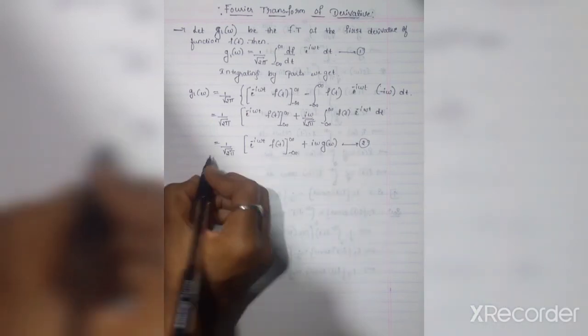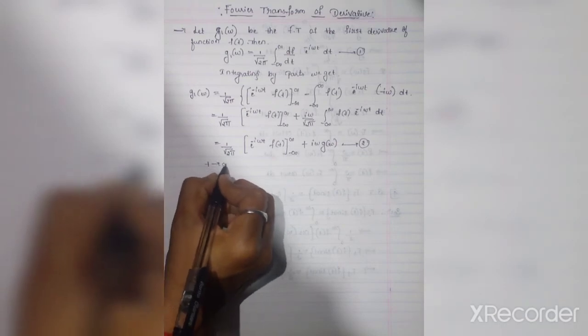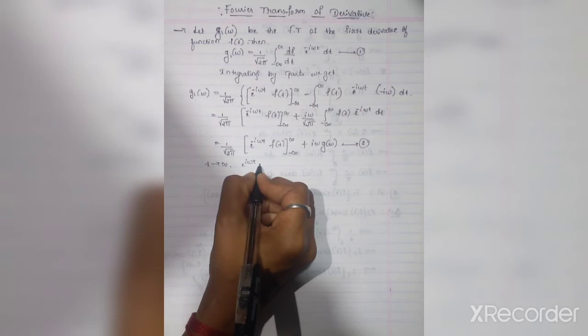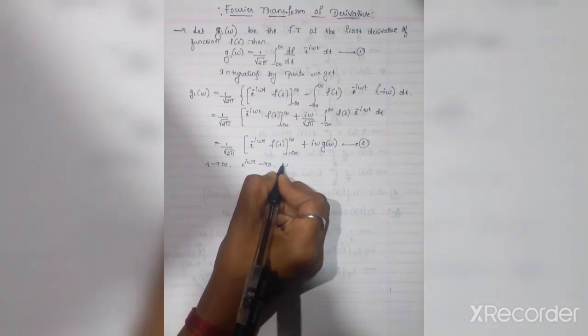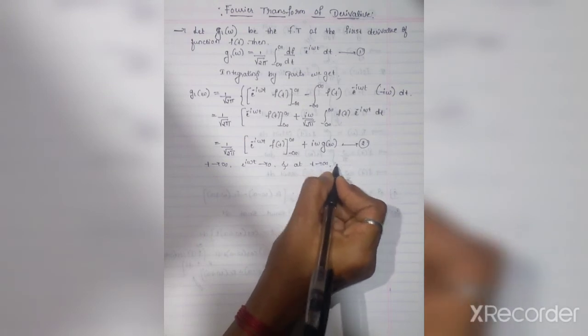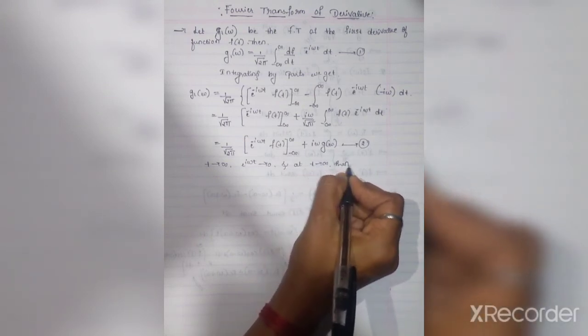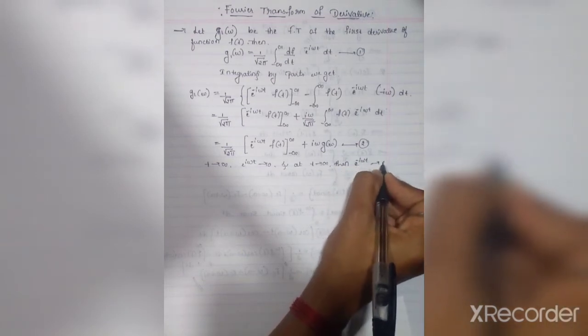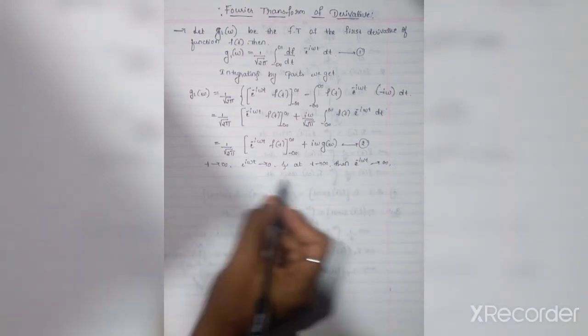Now as t tends to infinity, e raised to minus I omega t, and at t tends to minus infinity, e raised to minus I omega t tends to infinity. Okay, so apply this condition.